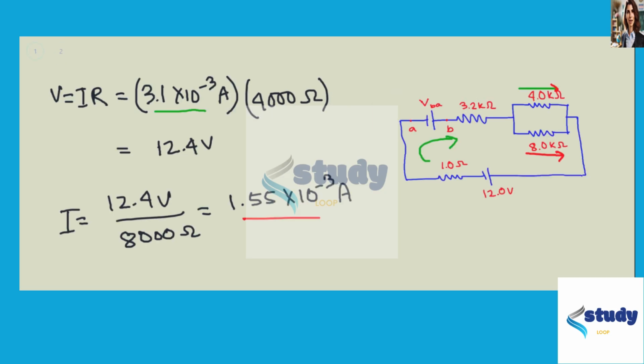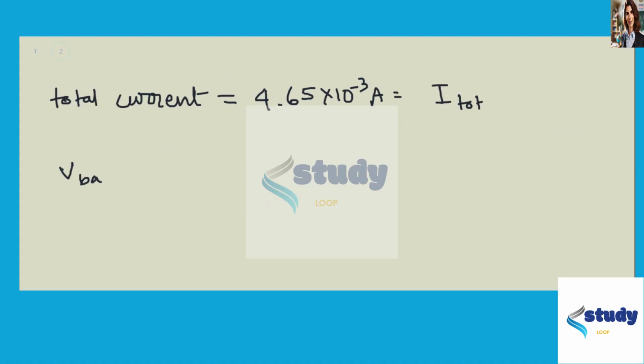Then these two will be negative, and this one will be negative as well because they're all in the same direction. And for this part, it's going to be negative because there's a potential drop, going from positive to negative, and this will be negative as well.